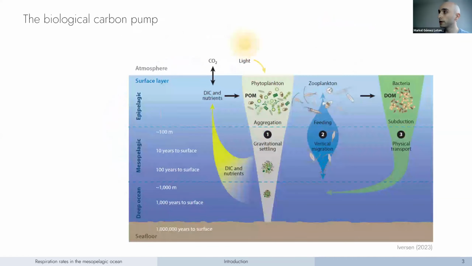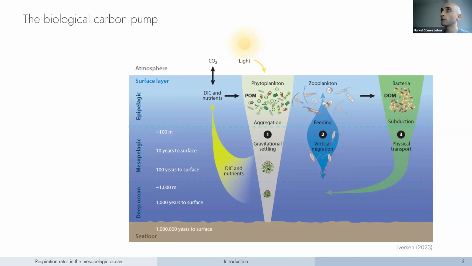Here I show a simplified diagram of the main three pathways involved in the biological carbon pump: sinking particles, the vertical migration of organisms, some zooplankton and fish, and also the physical transport, the subduction of dissolved organic matter and suspended particles to the interior of the ocean.